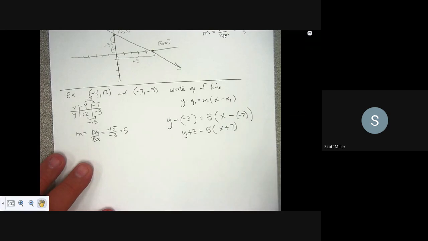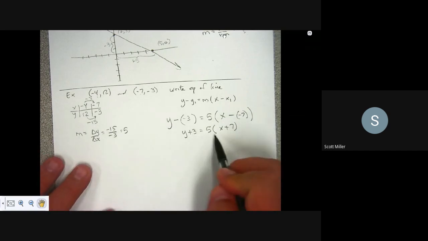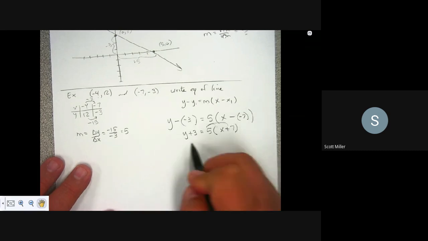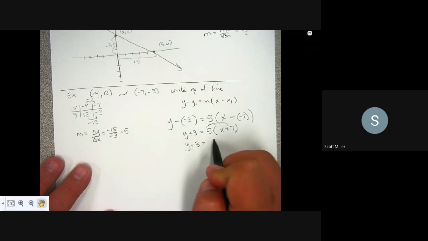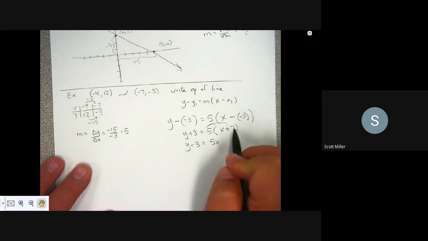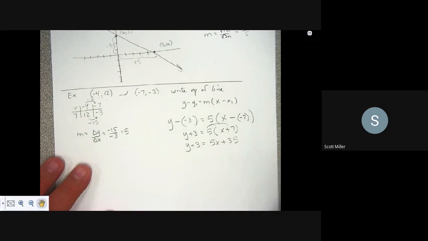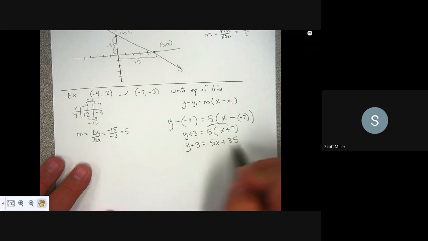You can stop. A lot of times they'll ask you to write it into slope-intercept form, which means you need to make it say y equals. To do that, you'll need to distribute this. That's 5 times x, and then plus 5 times 7. Then you're going to move the 3 over by subtracting 3 to both sides.